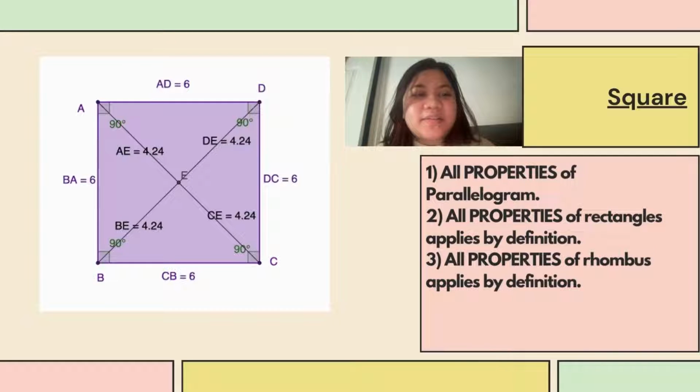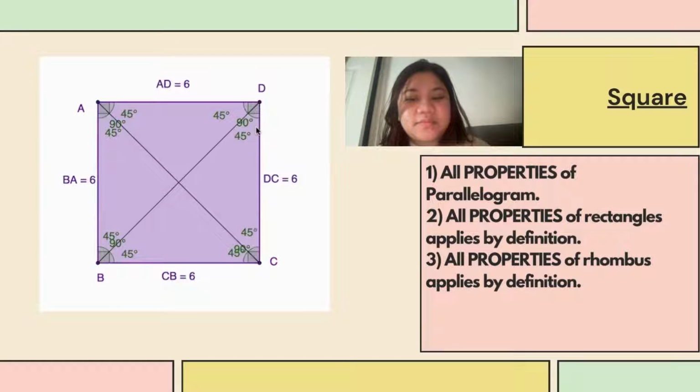The diagonals bisect each other. The diagonals bisect the angles. And the diagonals are perpendicular bisectors of each other.